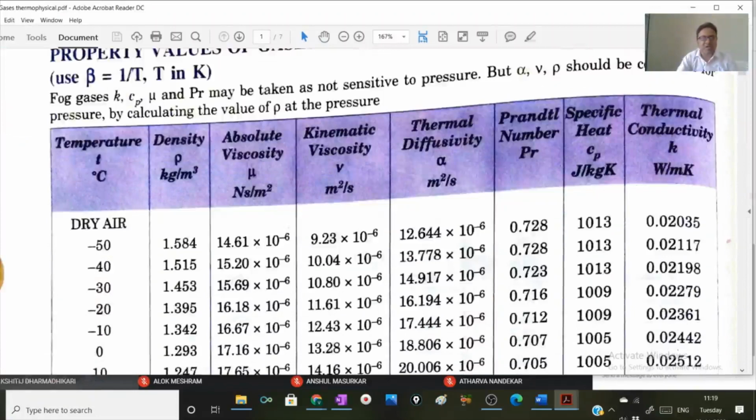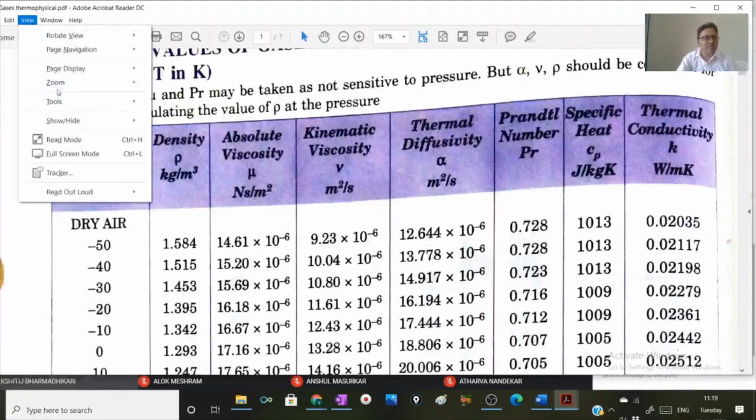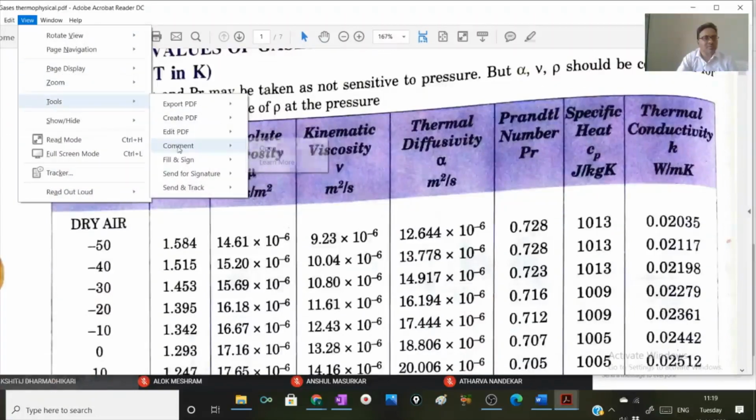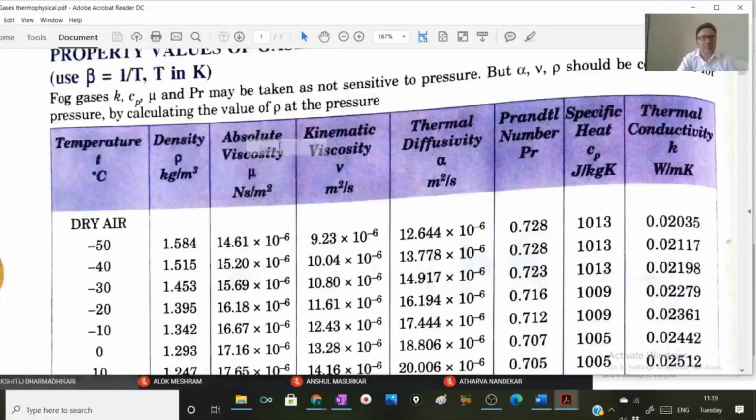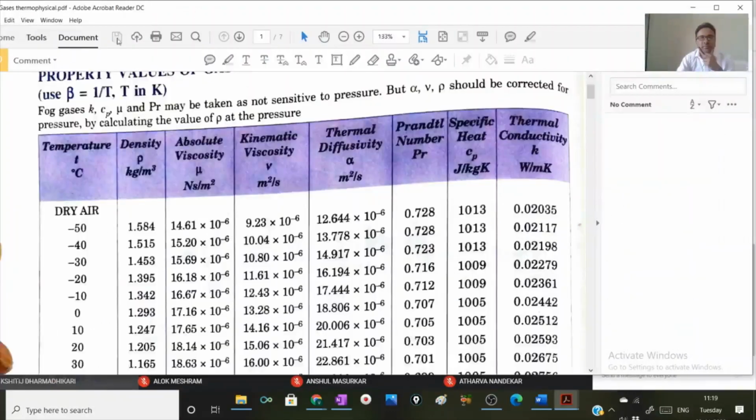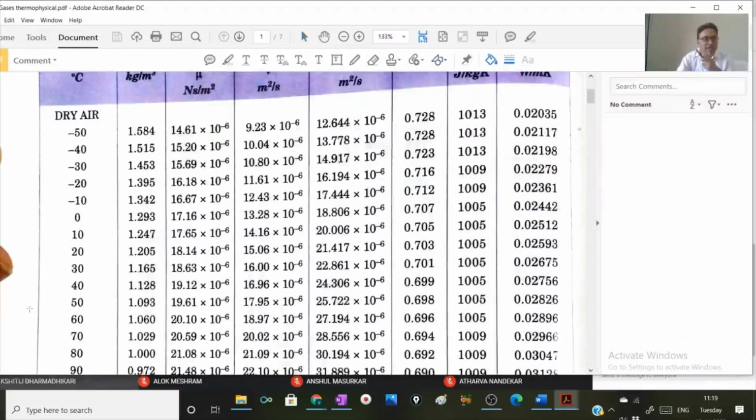So while scrolling down, you will get for dry air the thermophysical properties at 40 degrees Celsius.